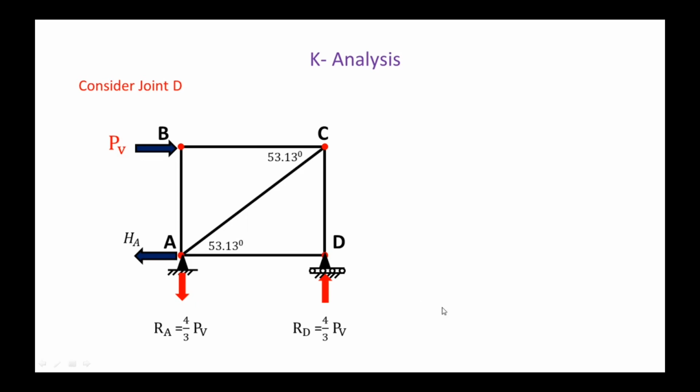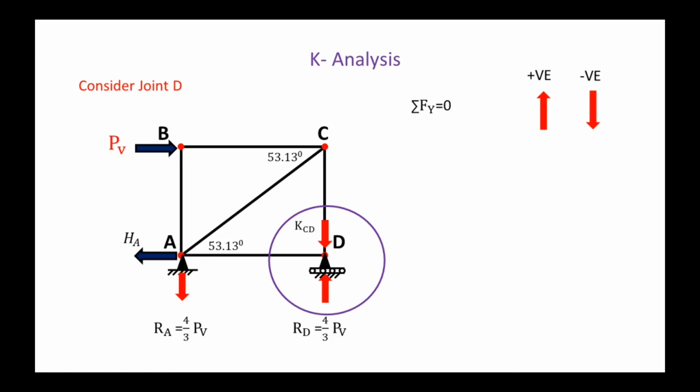Consider joint D here. Here we have to find out the KCD, and this is our assumed direction of KCD, towards the joint. KCD is vertical, so apply the sigma Fy condition.